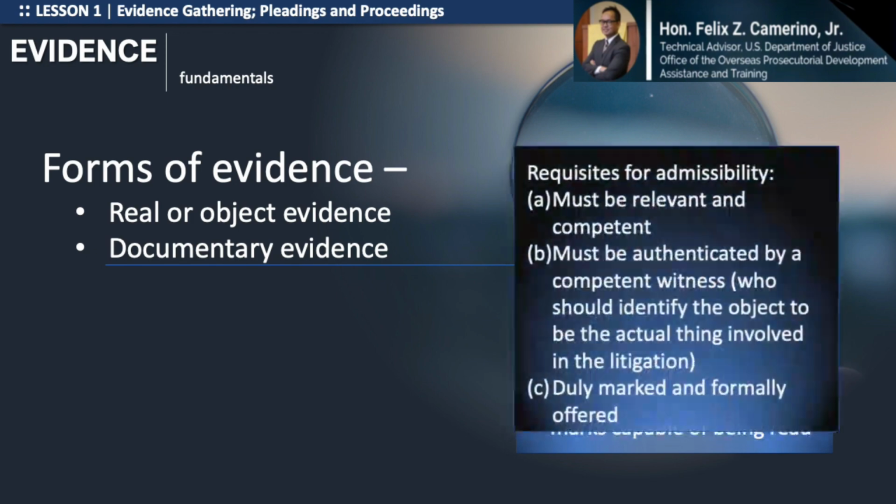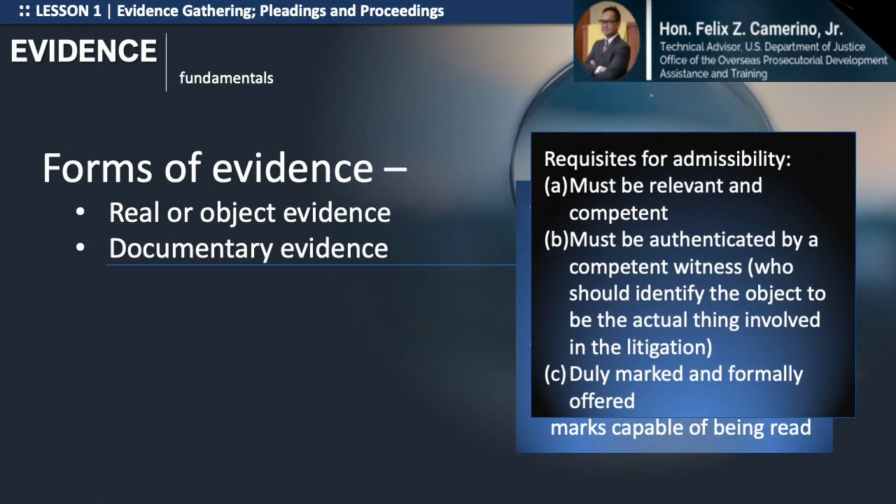Okay, so as documentary evidence, let me go to the requisites here, because the requisites for documentary evidence are identical to that of the object evidence. So what's critical to note here is the marking, right? The necessity to mark, the requisite to mark that evidence. So if it's a physical thing that you can touch, even if it's a document, that's something that you can mark easily, right?